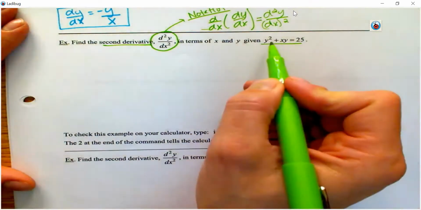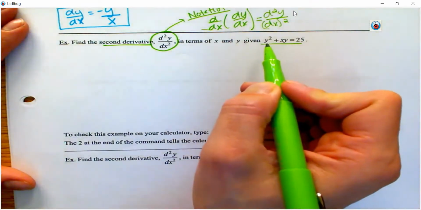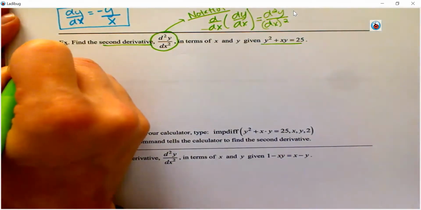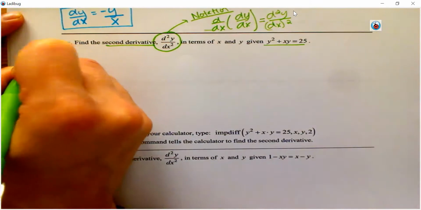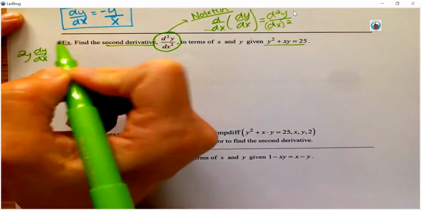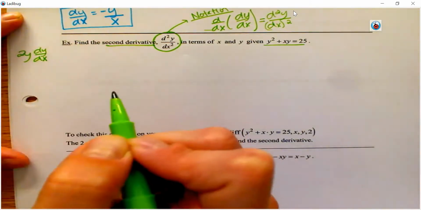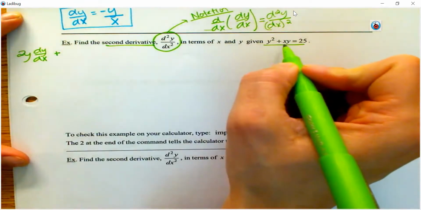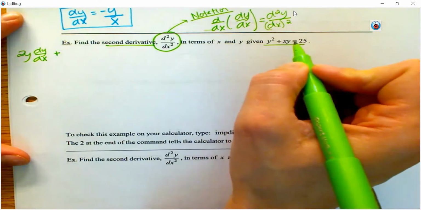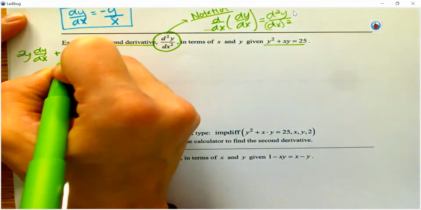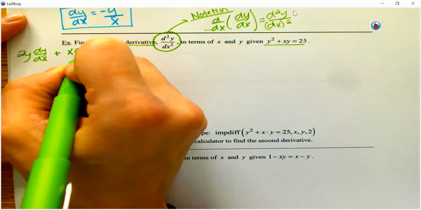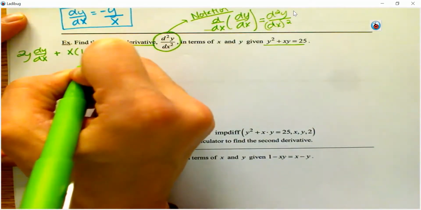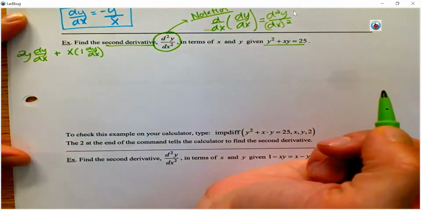Okay, so we're looking for the derivative of this. What is the derivative of y squared? 2y, and then what? dy dx. Plus x times y is product rule. So you got first function times the derivative of the second. So first function is x, derivative of the second is 1 dy dx, because you're deriving with respect to x.